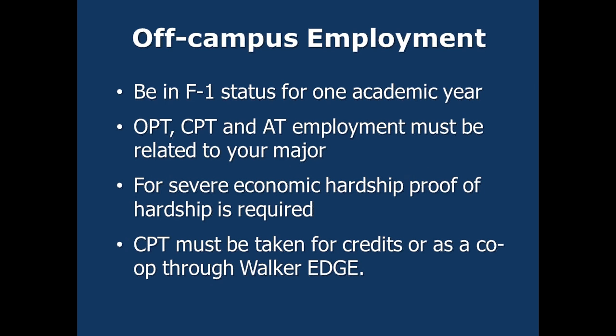If you're a graduate student, you need to be enrolled for at least 4 terms before you are eligible for off-campus employment. Now, for severe economic hardship, you need to provide proof of the hardship. And finally, for CPT, it must be taken for credit or as a co-op through the Worker Age Program.